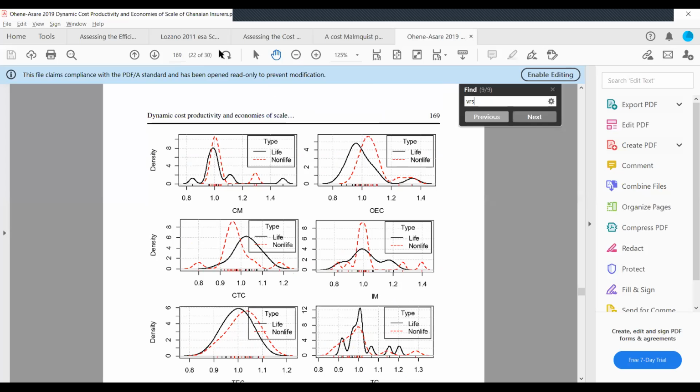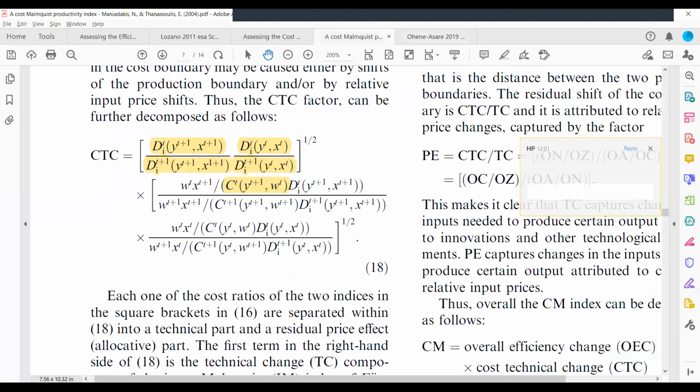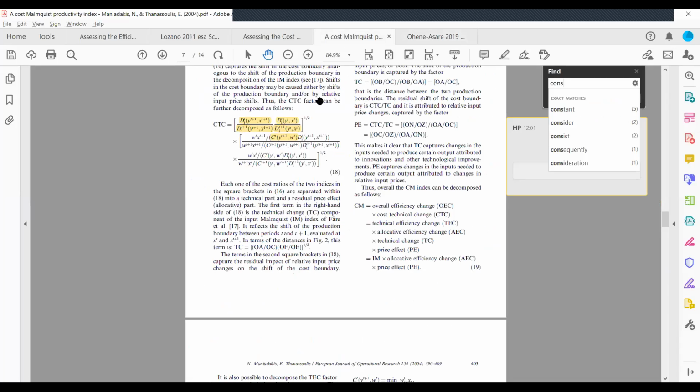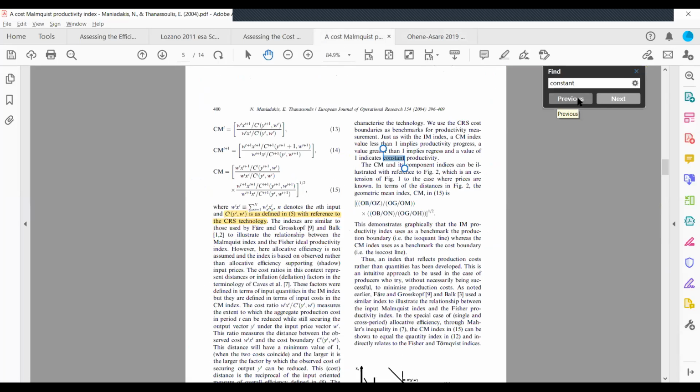Malmquist. See, when you go to the actual Malmquist, let me just show you. I just want to see why he spoke about it.